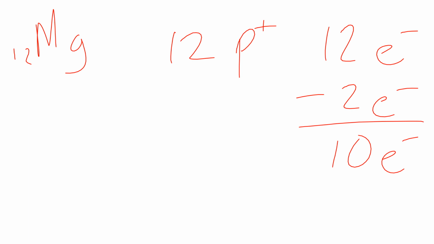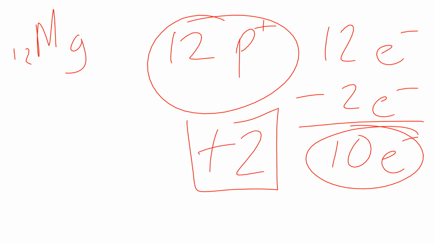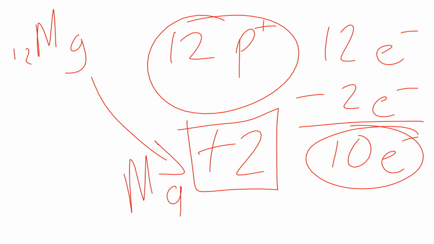Still got 12 protons, but only 10 electrons. So overall, it's got a charge of +2. Magnesium, the element, loses 2 electrons to become a +2 ion.